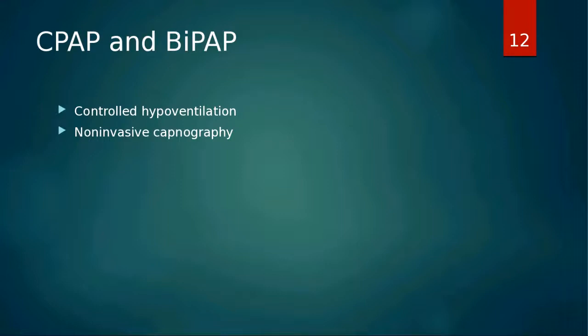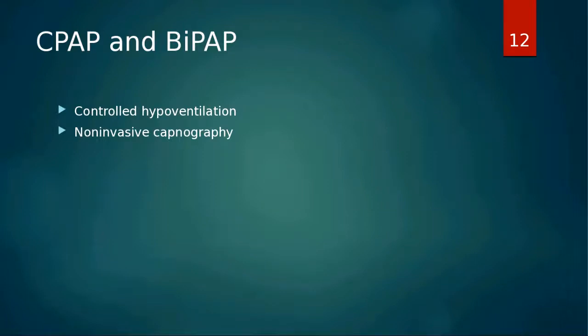So the actual technique for controlled hypoventilation means you give a high concentration of oxygen to obtain an adequate oxygen saturation above 90% while tolerating a high level of CO2 by using a small tidal volume.